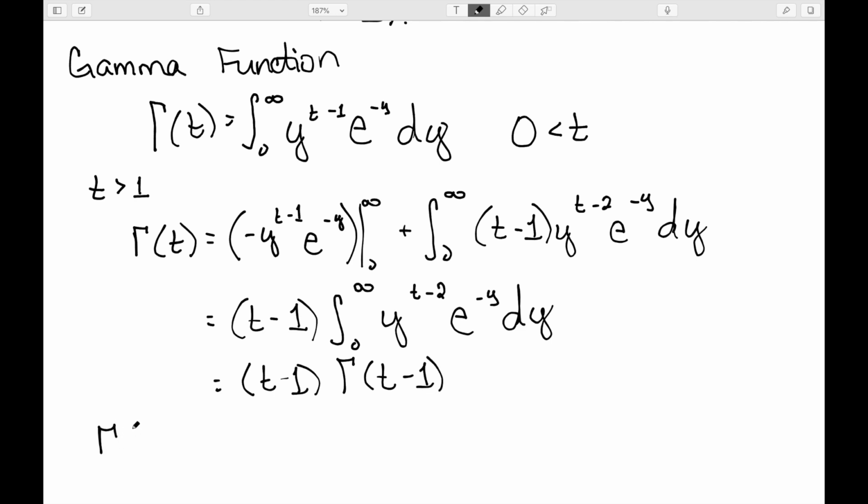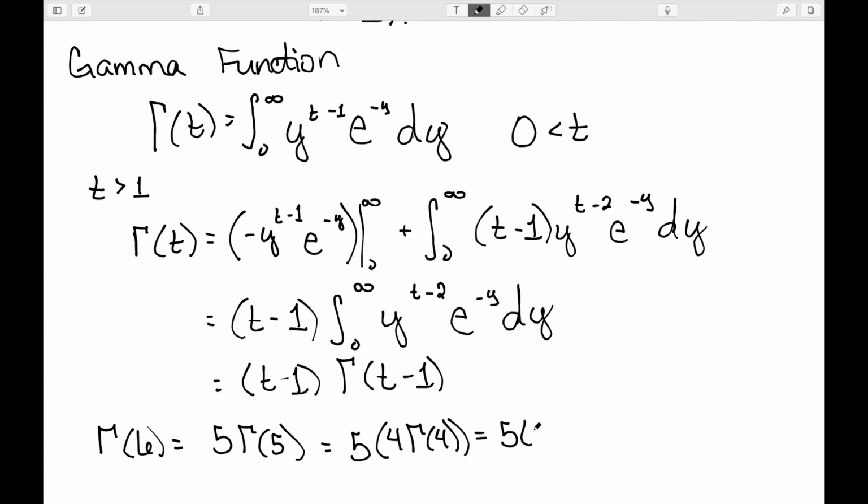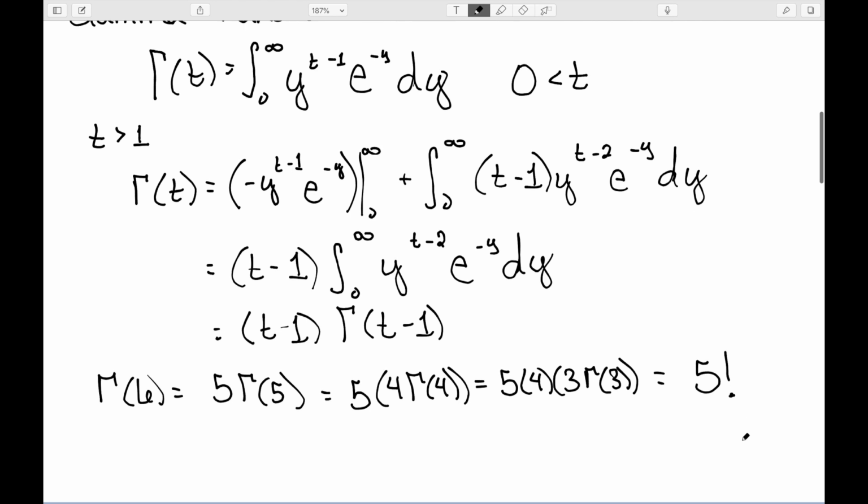So what this tells me is that gamma 6 is equal to 5 times gamma 5. And gamma 5 is equal to 4 times gamma 4. Gamma 4 is 3 times gamma 3. And you can continue this process to get that gamma of 6 is 5 factorial.